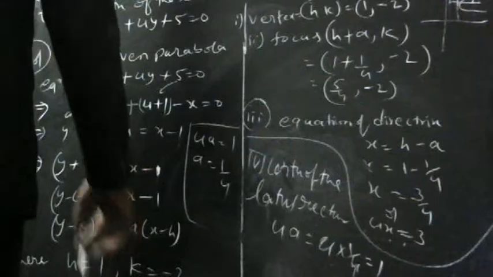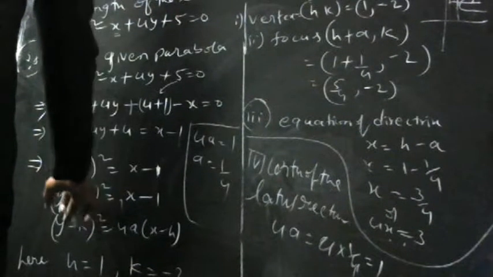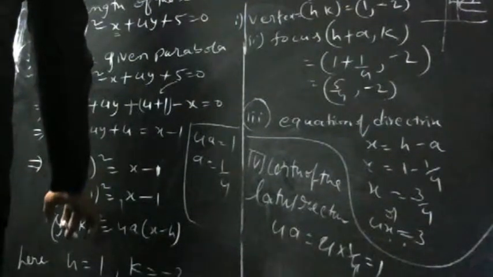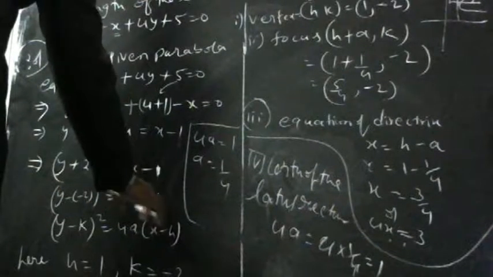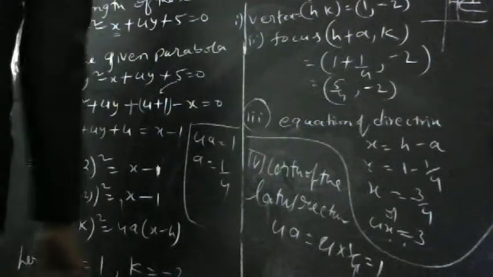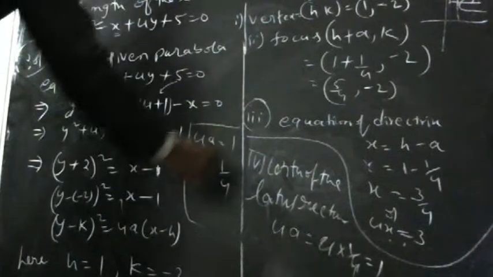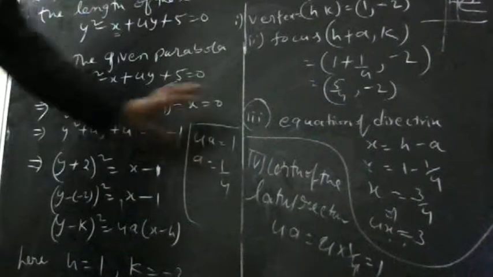We have to convert our equation into this model. So y plus 2 whole square equals x minus 1. Here y minus k means k equals minus 2, x minus h means h equals 1, and 4a equals 1, so a equals 1 by 4. From this equation we can find the h, k and a values.